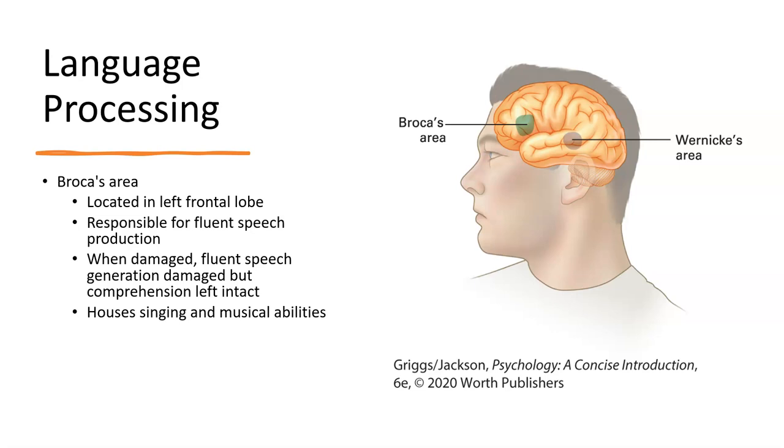Broca's area is one area in the brain that's located in the left frontal lobe on the left side. It's responsible for the production of speech. It's always surprised me that it appears to be such a small area for doing such a complicated thing.